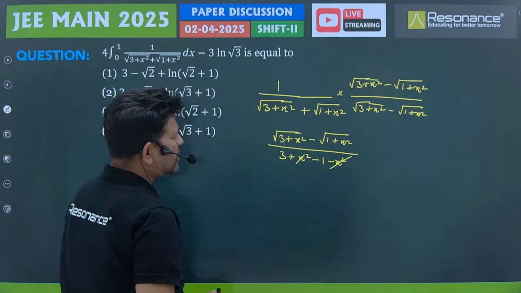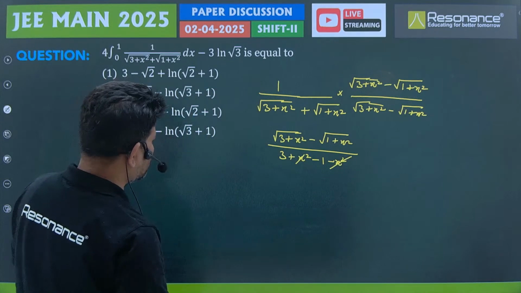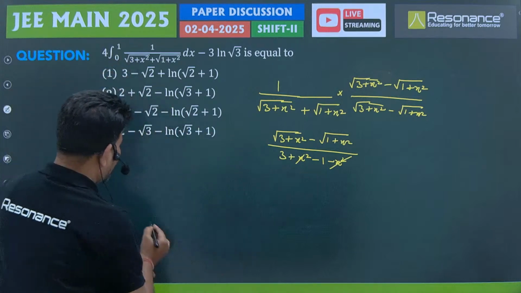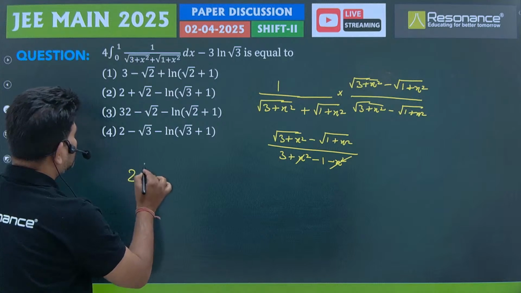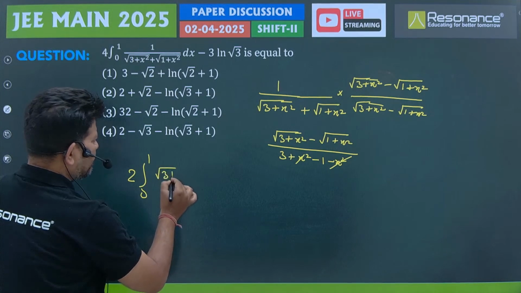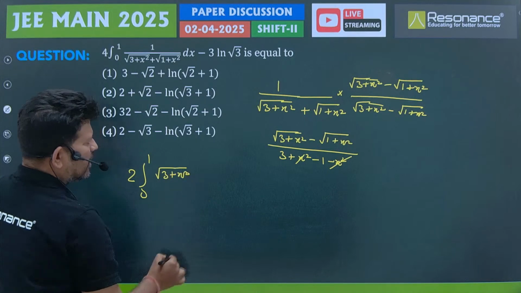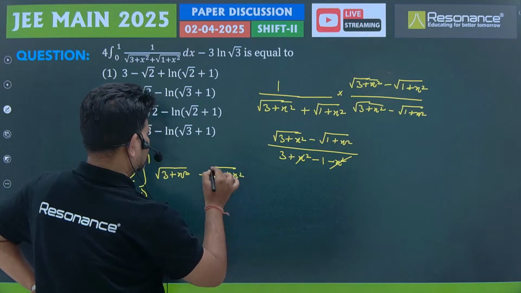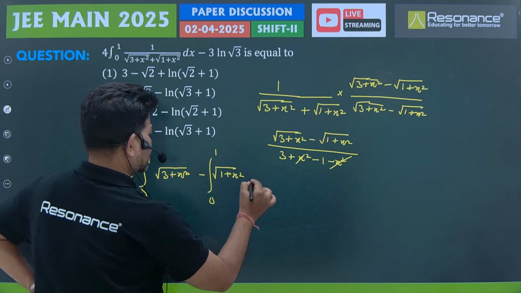This and this will be cancelled. 3 minus 1 is 2. So now we can see this one, 4, and this is 2 from here. So we get 1 by 2, integral from 0 to 1, of under root of 3 plus x square minus under root of 1 plus x square. This you can take separately.